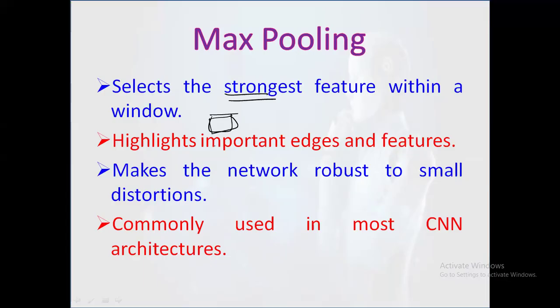This also makes the network less sensitive to noise and small pixel variations. Because it preserves high response areas effectively, maximum pooling is widely used in most CNN architectures for classification tasks.